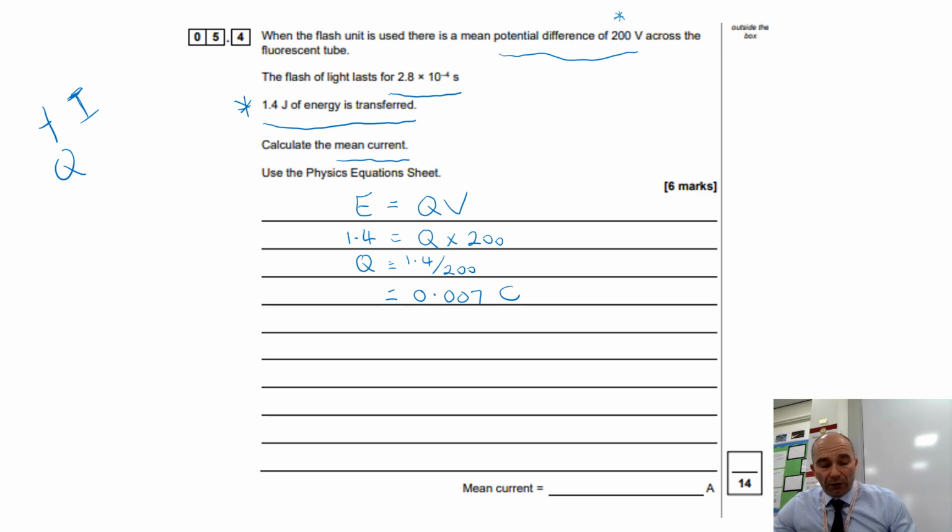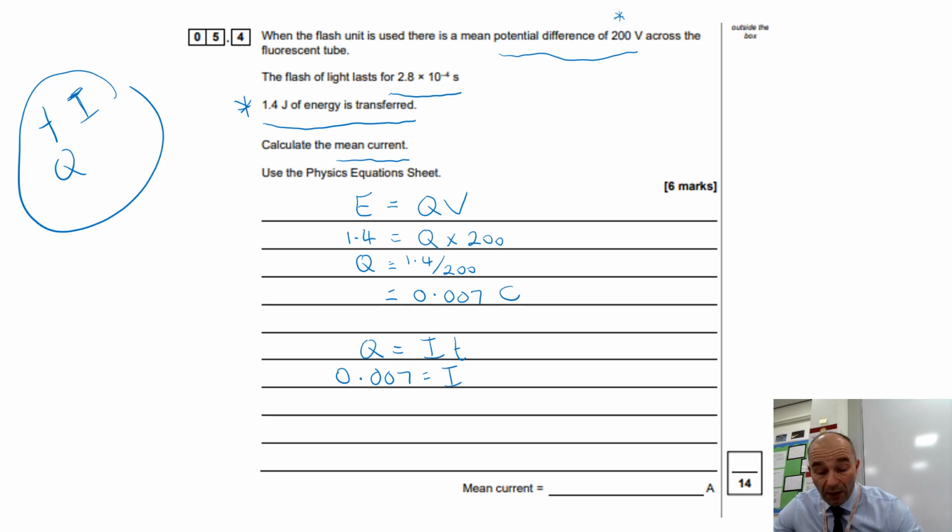Right, so at this point, we now need to go back to what we were looking at before. The fact that charge flow, Q, equals current multiplied by time. If we substitute in the numbers that we've got, 0.007 equals our unknown current, I, multiplied by time, which is in standard form, 2.8 times 10 to the minus 4.